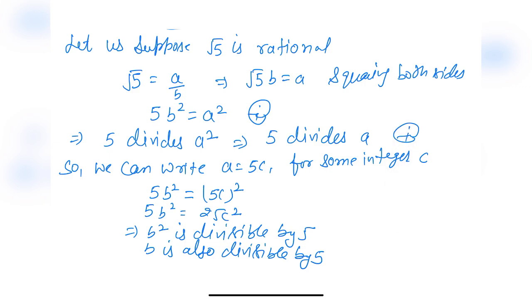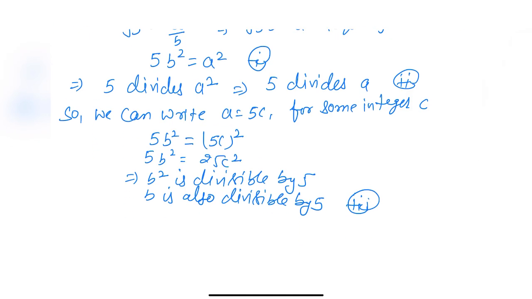So it is a contradiction, since a and b have a common factor 5 other than 1.